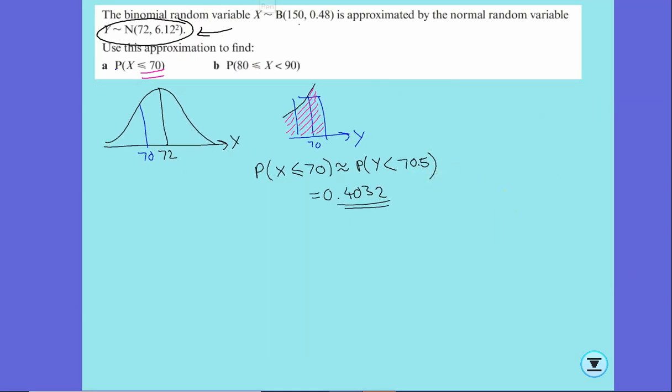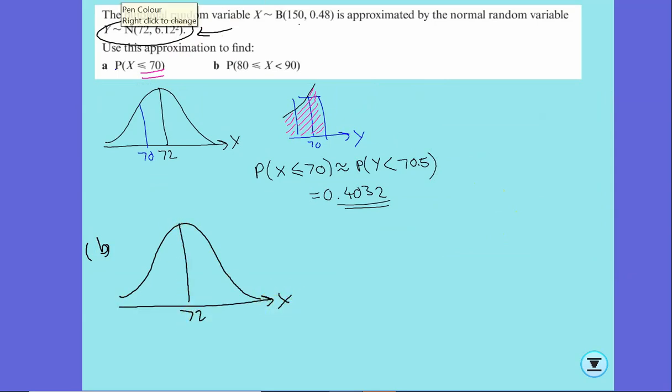So part B. I'm going to draw this picture out again. There's my y, there's my 72. And this time we're looking at 80 to 90. So we're looking at this end here. So 80 to 90. This is the bit we're interested in here, and I probably should have shaded that bit there.